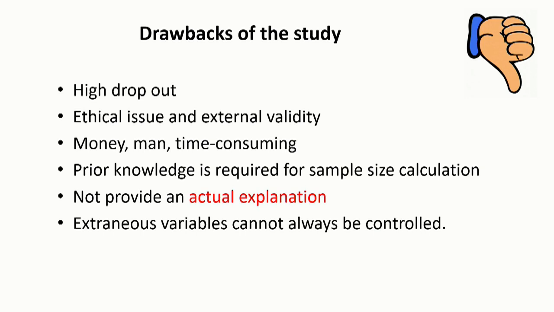Animals drop out, not just drop out, maybe pass away or die because of your experiment. And there are ethical issues and external validity issues, meaning that sometimes when you do experimental design, people can skip out from the study easily because they feel uncomfortable with a long-term design.